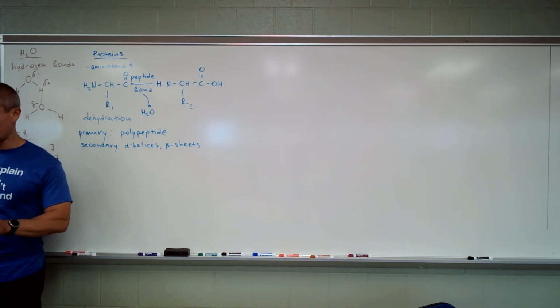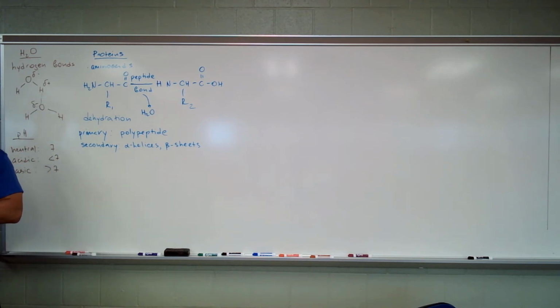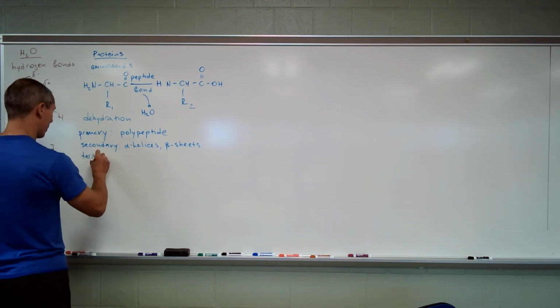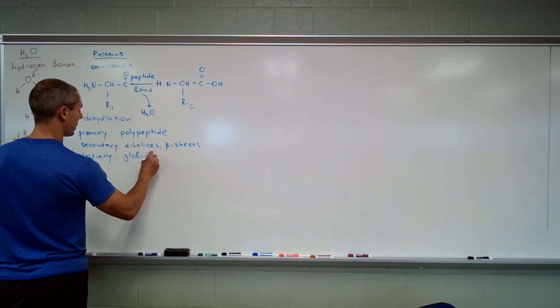Does that make sense? Like, now we can do that. Earth as a whole does not have enough computing power to predict the folding of the entire protein structure into the tertiary structure. So the tertiary structure, I usually refer to it as a globule.